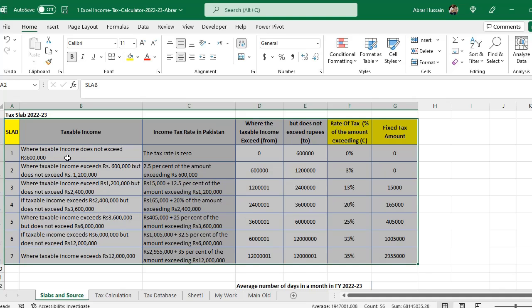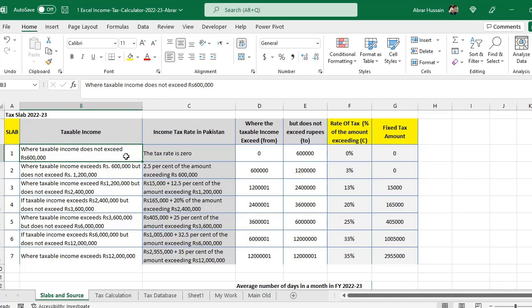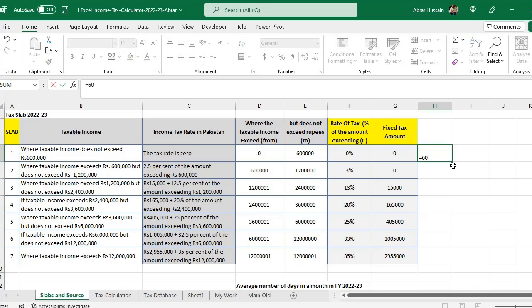Now, for example, the first one says where taxable income doesn't exceed 600,000. Now, 600,000, for example, this is the taxable income per year. So if your salary is only 600,000 yearly salary, what will be the monthly salary?